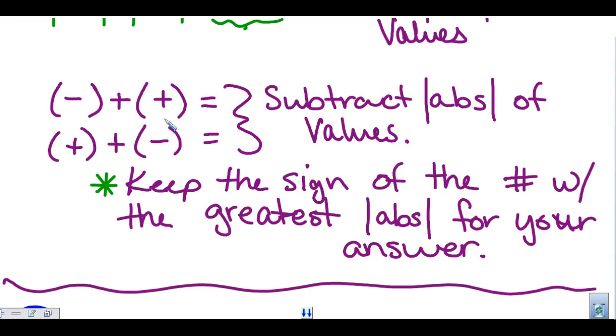In other words, you're going to keep the sign of the value with the greatest absolute value. Whether it's the first rational number or the second, whichever one has the greatest absolute value is the sign that's going to be left in your answer.